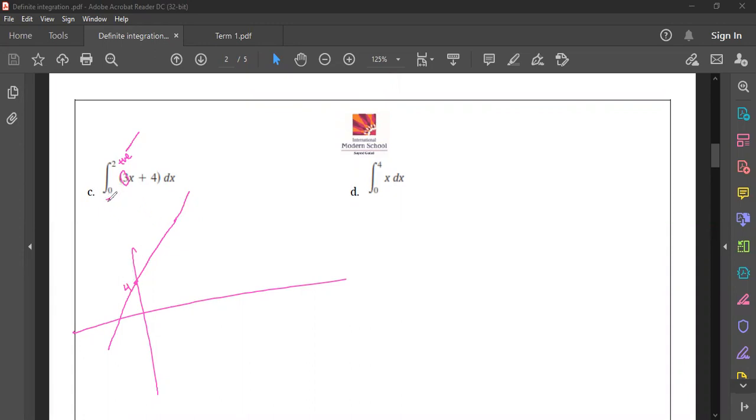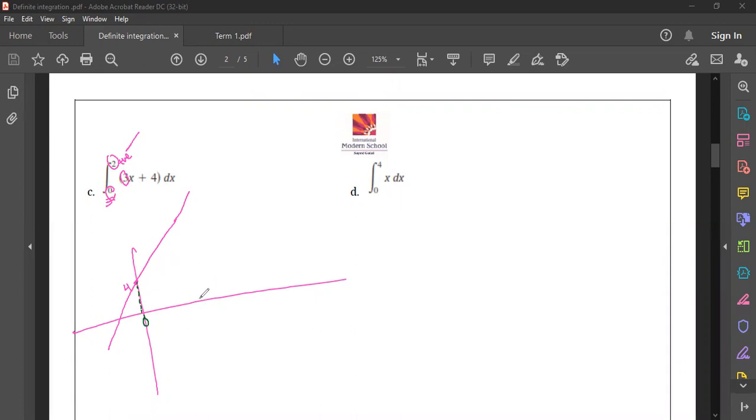I have to identify where the two vertical lines are. At x equals 0, I draw it in a different color. That is the first one. The vertical line goes up to the curve of the function.